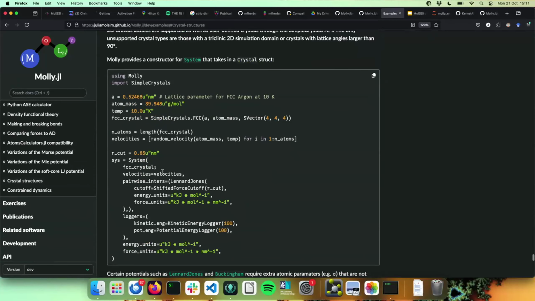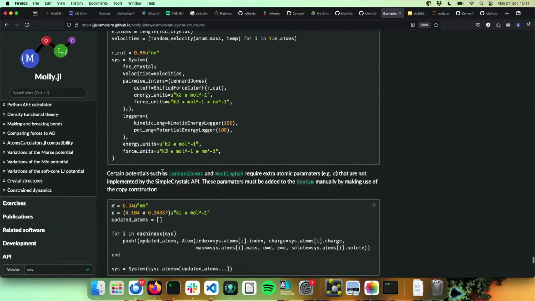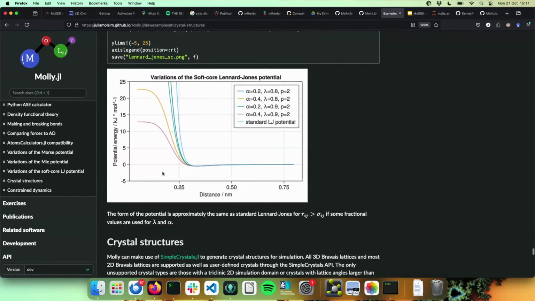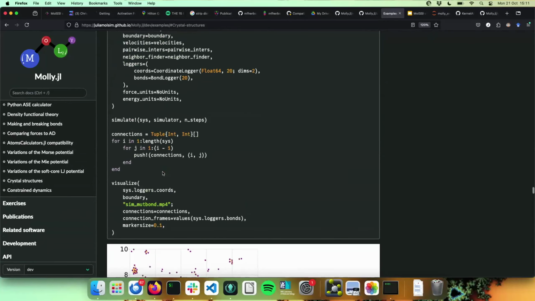Using simple crystals from Ethan to set up crystal systems, and then running constraint dynamics. So if you have some cool example, it'd be nice to add it to this page as well.